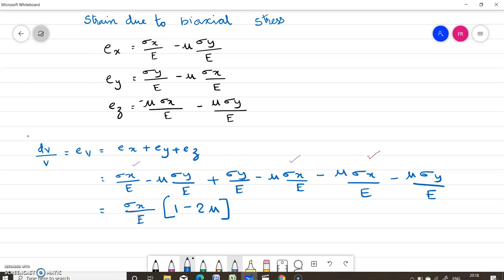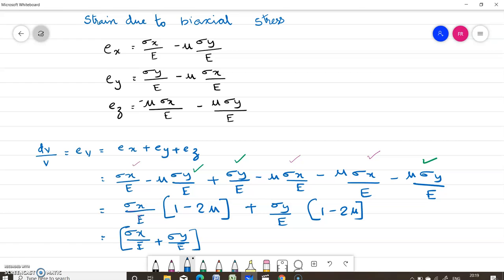Now taking sigma y terms, sigma y and sigma y, plus sigma y by E into 1 minus 2 mu. So how can you write this? Sigma x by E plus sigma y by E into 1 minus 2 mu.